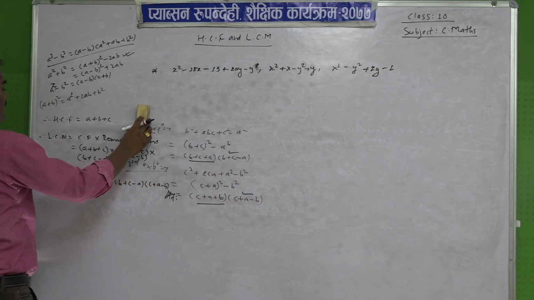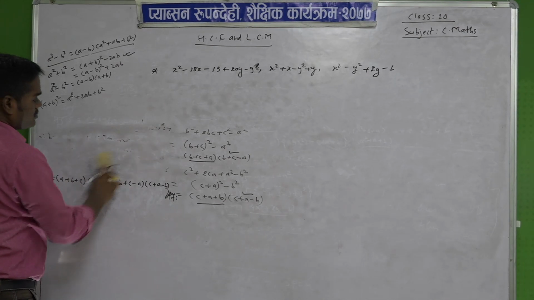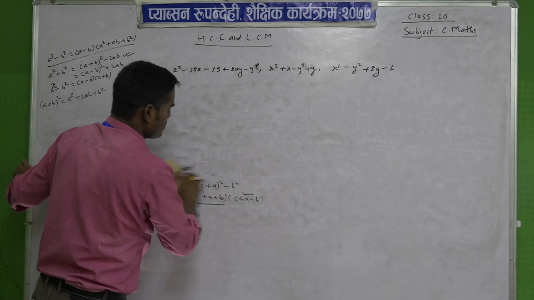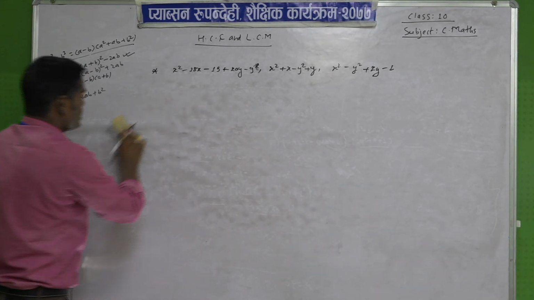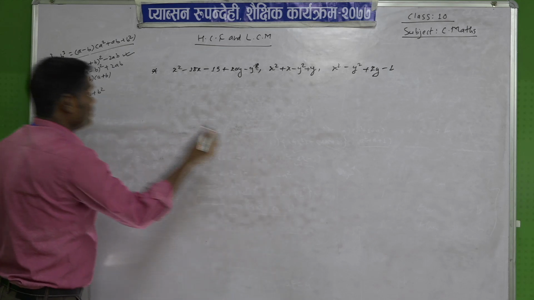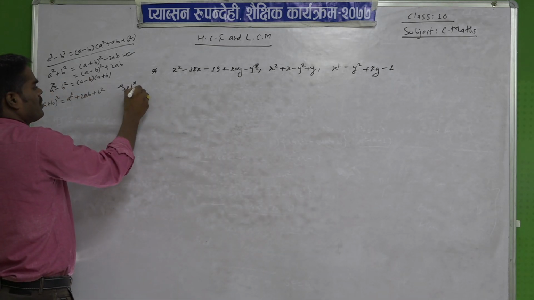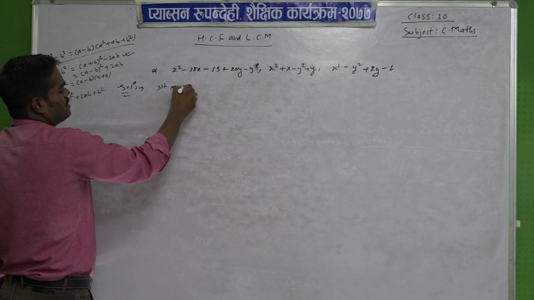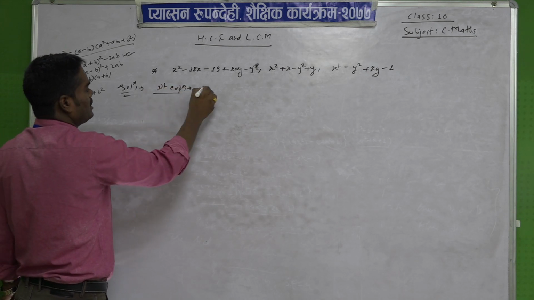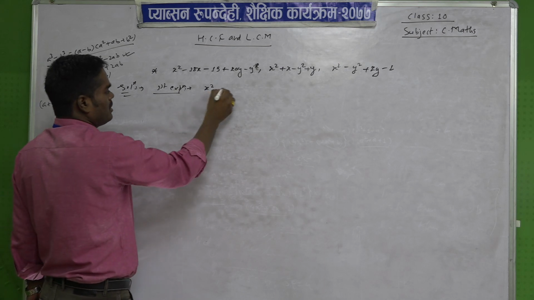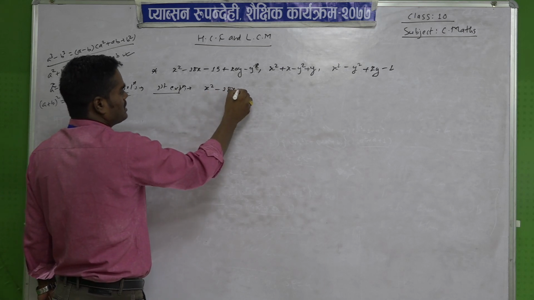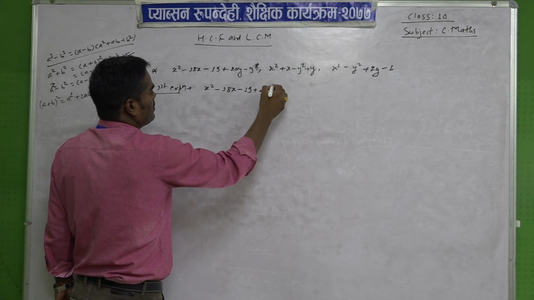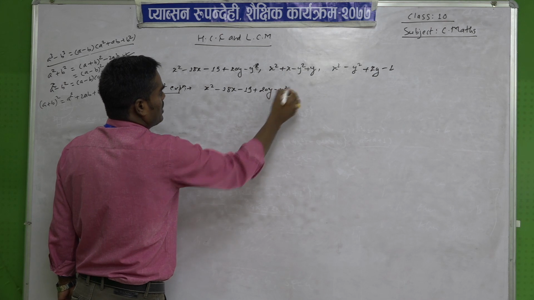Of SCF and LCM. So see here, first of all we have to factorize all the expressions of the given question. So solution, first expression, you are watching very clearly, x square minus 18x minus 19 plus 20y minus y square.